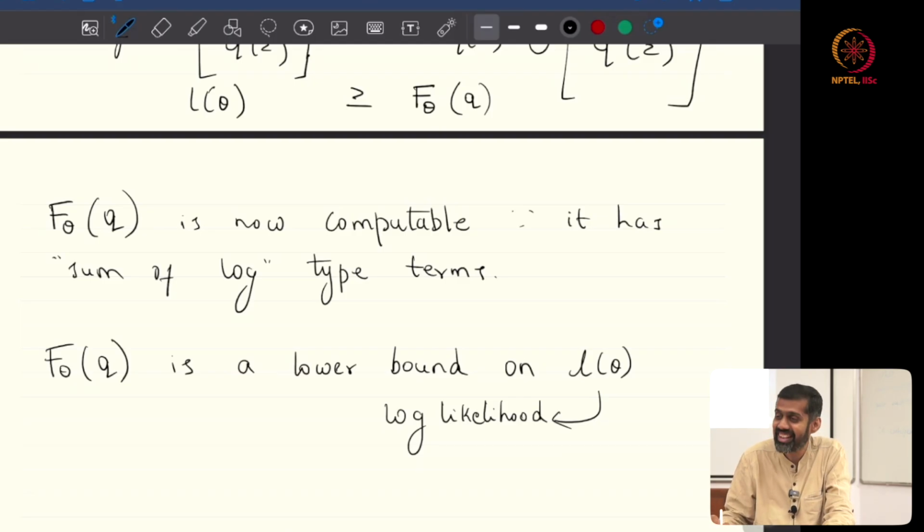L theta is the log likelihood. It is also called evidence in the literature. So F theta of q is a lower bound on evidence.